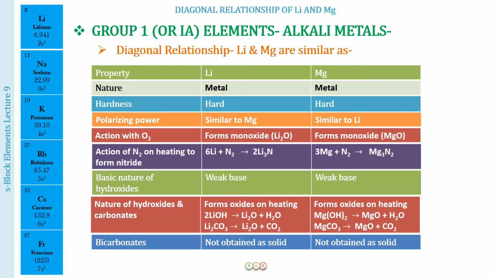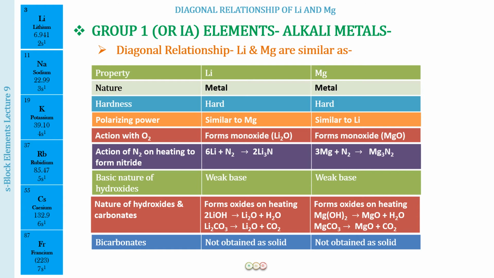The next we have is the bicarbonates. So bicarbonates of lithium are not solids, and similarly for magnesium also they are not solids. So do remember, I told you while we were discussing the bicarbonates that apart from lithium, all the alkali metals form solid bicarbonates, and along with that it is only ammonium bicarbonate which is a solid. Rest, no other bicarbonate of any metal is going to be a solid.